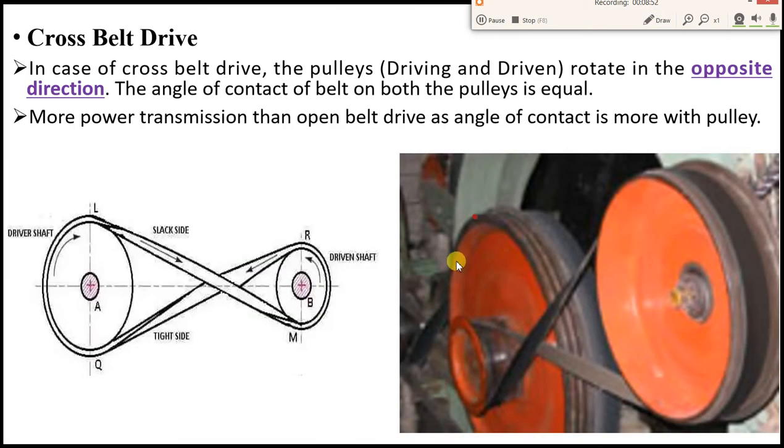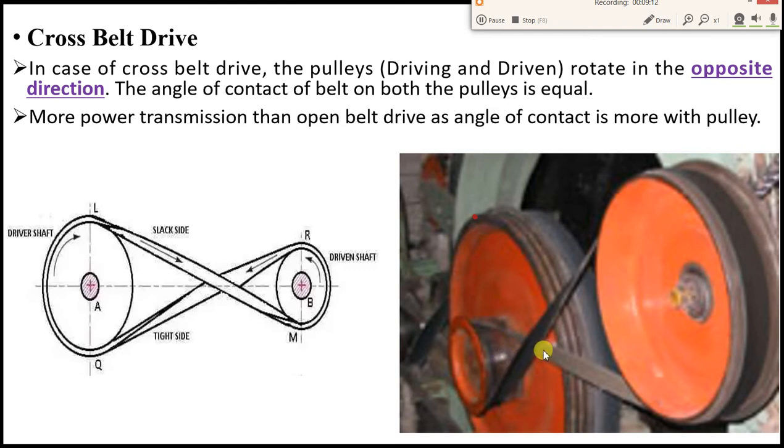Now if you compare the open belt drive and cross belt drive, in open belt drive the belt life will always be more, but in cross belt drive you can see here the belts are going to cross each other.